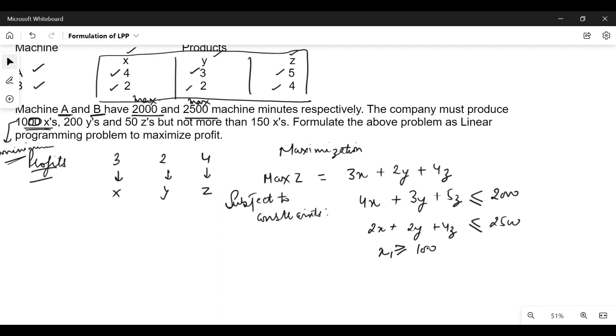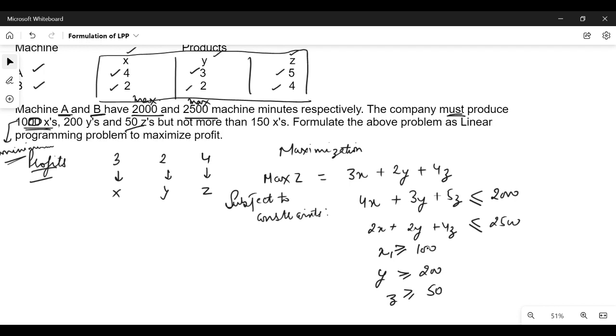And 200y, again this is a must, so y is greater than or equal to 200 because we must produce 200 units. So the production of y product is equal to or more than 200 units. And 50z, so z is greater than or equal to 50.